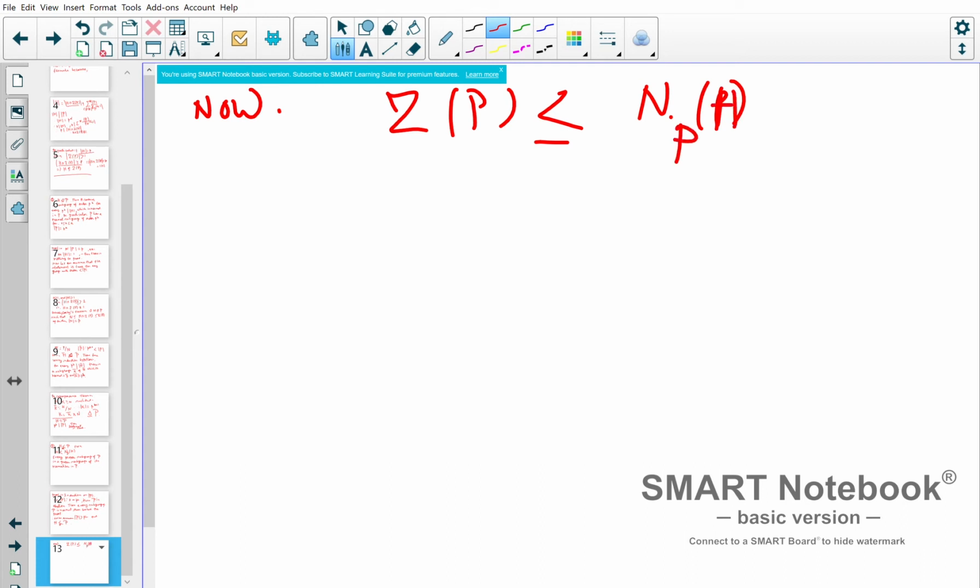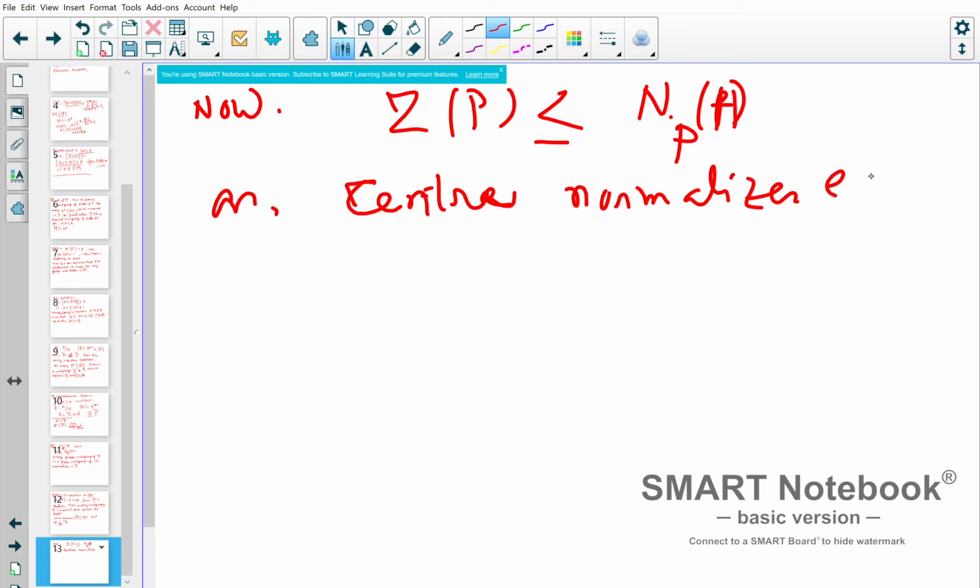Because this center normalizes every subgroup, whatever subgroup you choose.